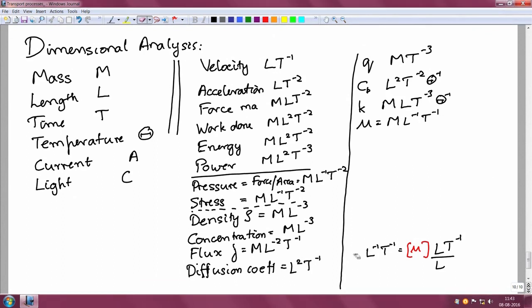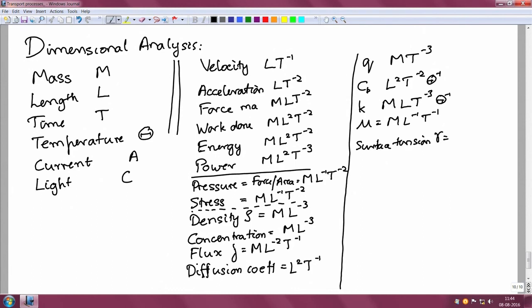There are others. For example, surface tension, gamma. Surface tension is a force per unit length, or energy per unit area.